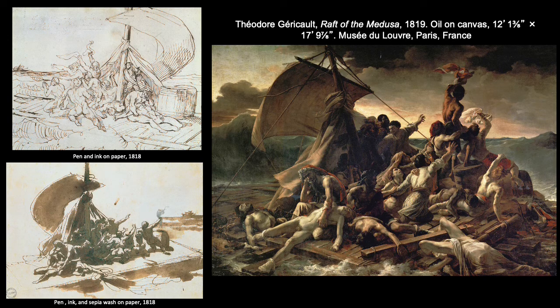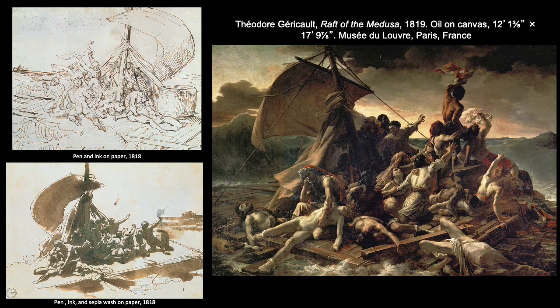Artists can use drawing for a variety of reasons. They can use it to think or plan out, maybe define their ideas or prepare for larger projects. For example, here we're looking at Théodore Géricault's Raft of the Medusa, which we've talked a little bit about before. On the right side of the screen, we have the final composition, the finished painting.